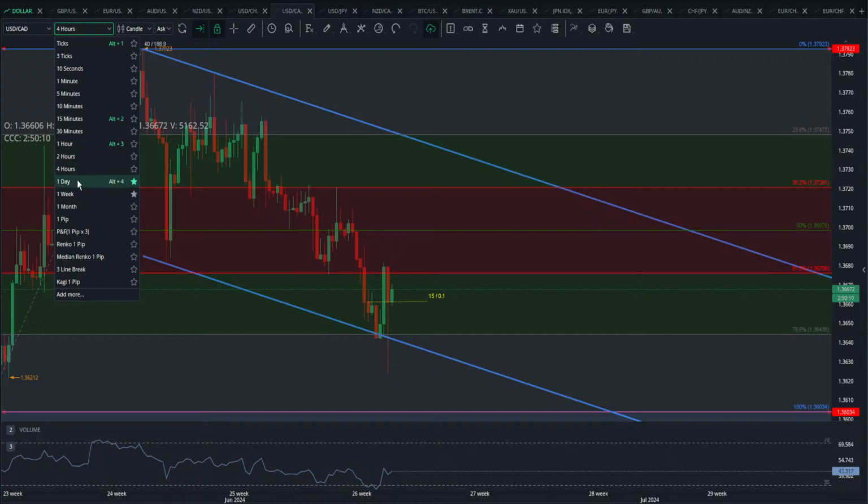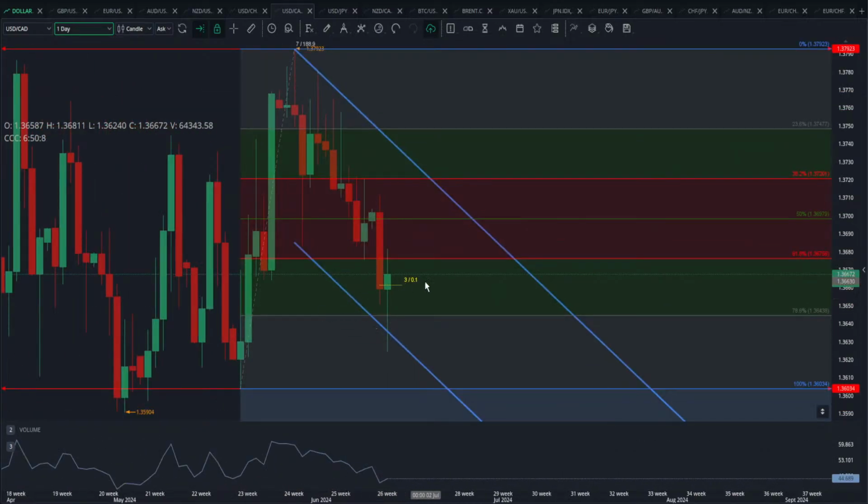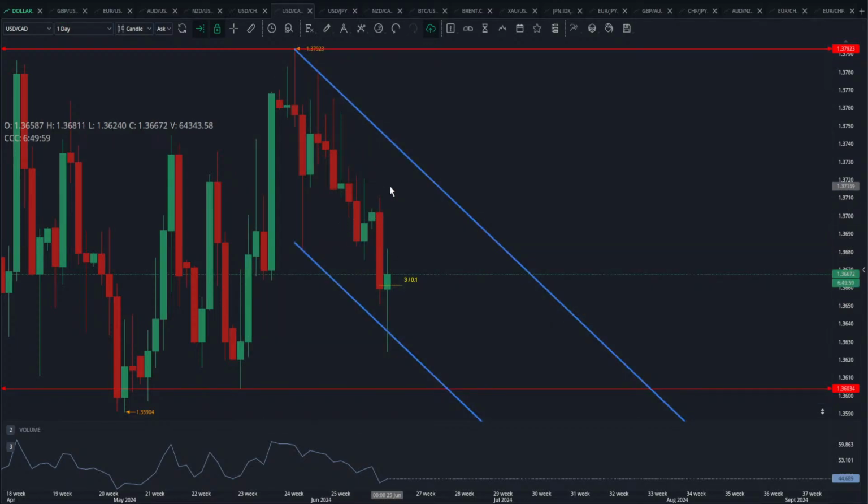Expect the price to keep rising here and eventually break this high, which is the downtrend. I will keep this as the resistance. Once the price breaks above 1.3709 on the daily, you can start looking for buying opportunities in this one.